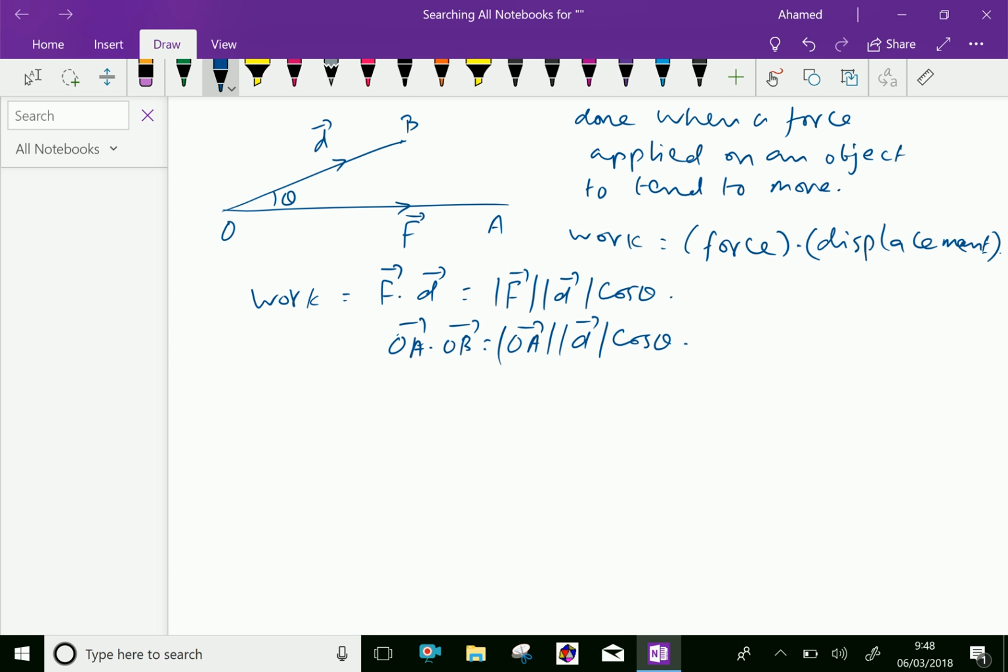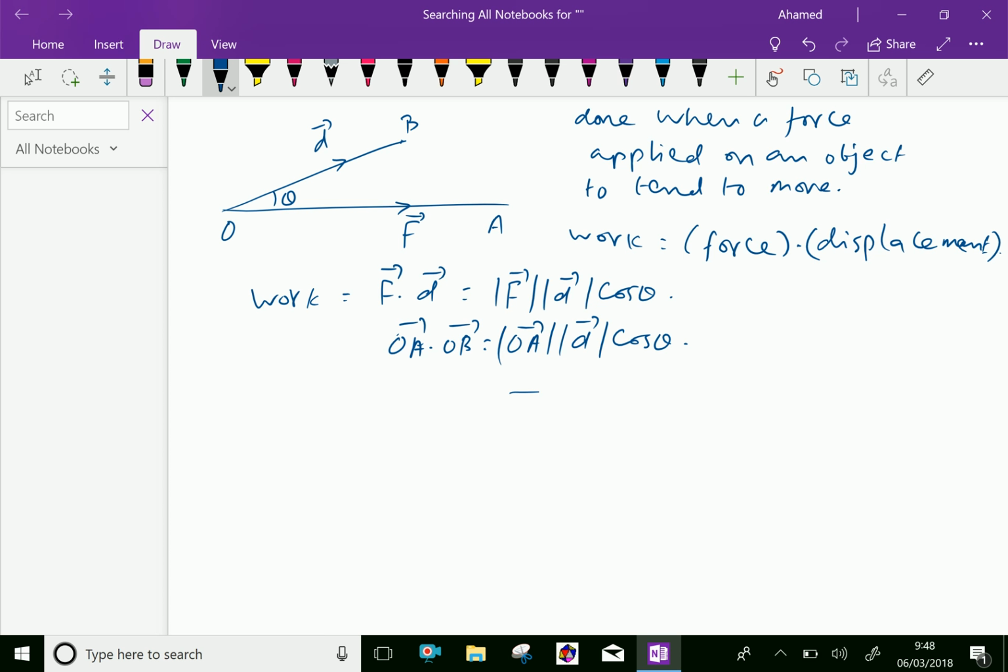If more than one force is applied, then the resultant of the forces is taken. Suppose instead of one force, there are many forces applied on an object, then we have to find the resultant of those forces and take its dot product with the displacement vector to get the work.